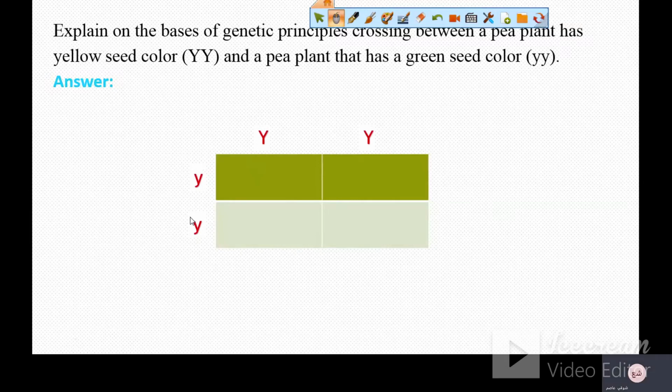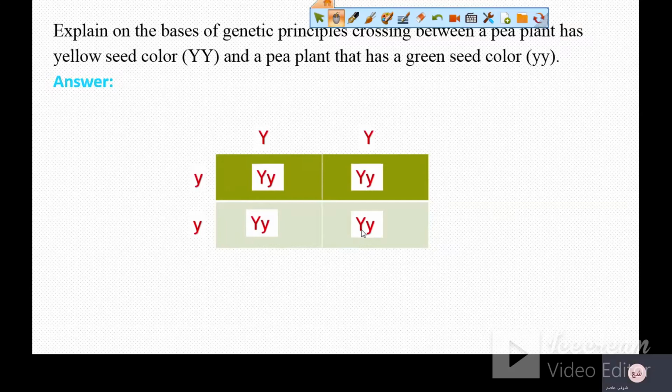Let's do the crossing together. So the first crossing will produce Y capital, Y small, and here will produce Y capital, Y small. Here also will produce Y capital, Y small. Finally here, Y capital, Y small.